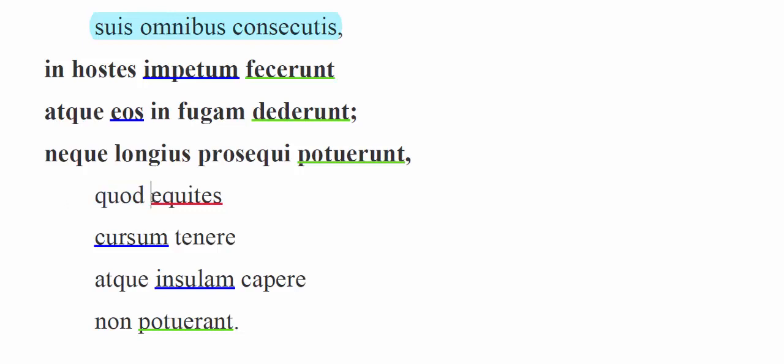Because the equites, the knights, the cavalry, and then we have to come all the way down here to the verb, as usual, in Caesar, it's at the end, had not been able to, notice the pluperfect, had not been able to hold their course and literally seize the island. So we would say, like, make landfall, all right? And this is referring to the fact that Caesar has had a great amount of difficulty in crossing over from Europe to Britain.